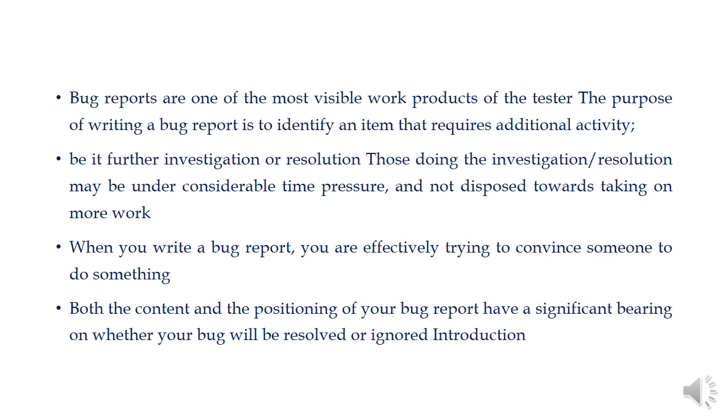When you write a bug report, you are effectively trying to convince someone to do something. So you have to motivate the software tester to write an effective report. Both the content and the positioning of your bug report have a significant bearing on whether your bug will be resolved or ignored.